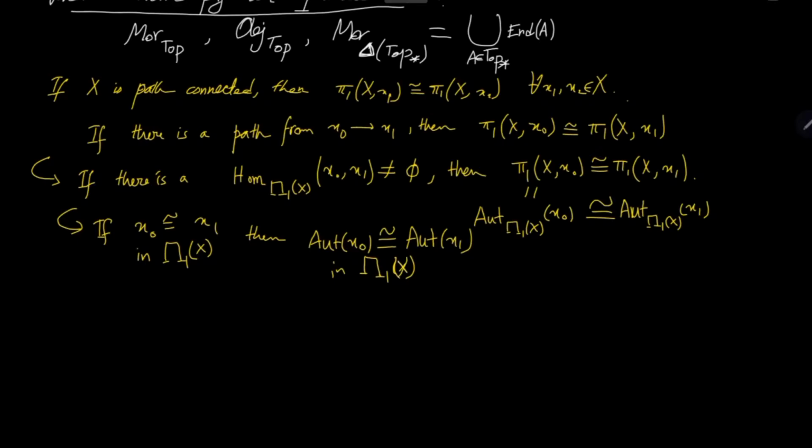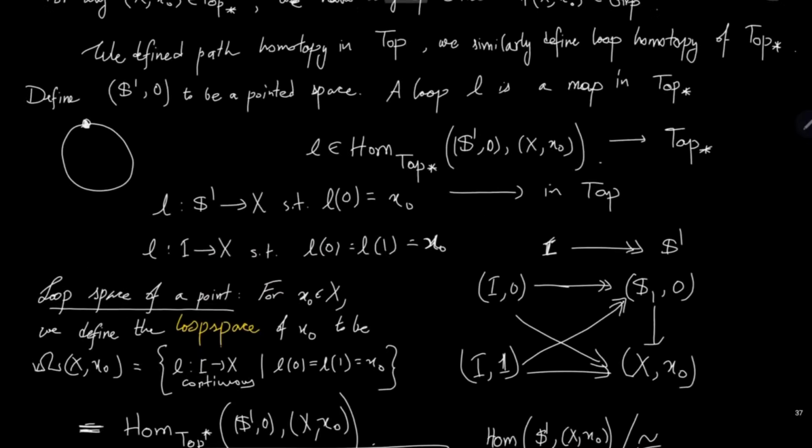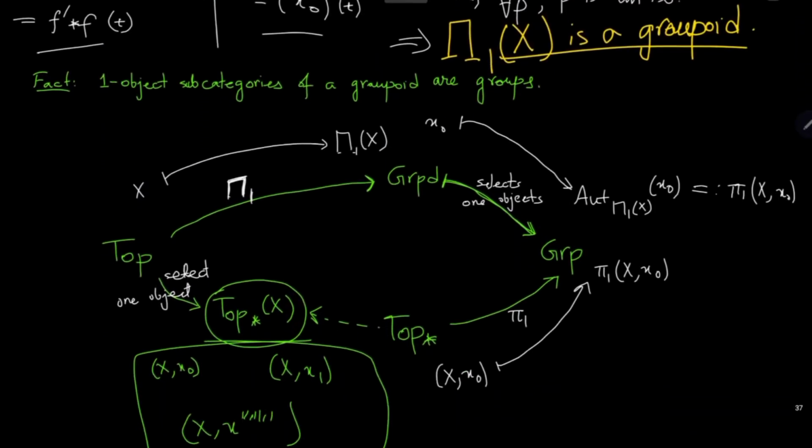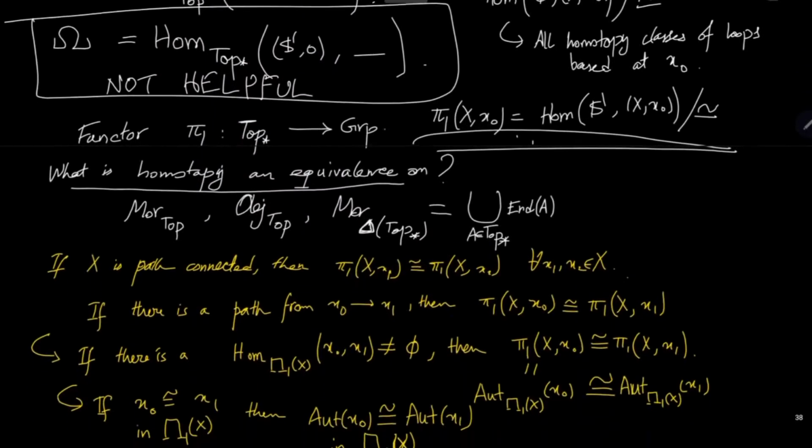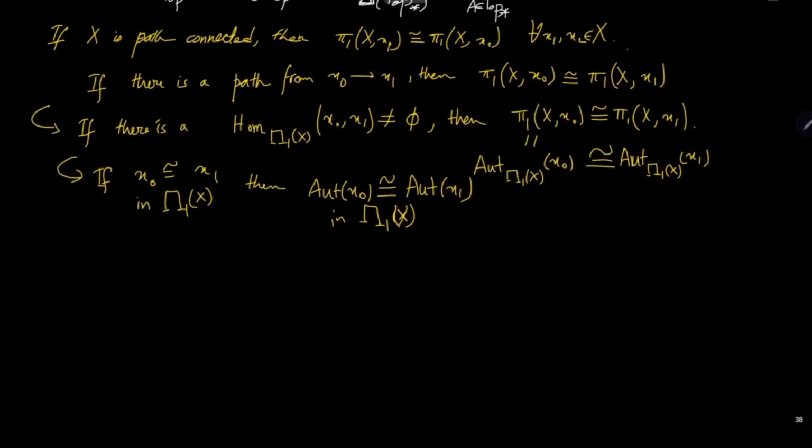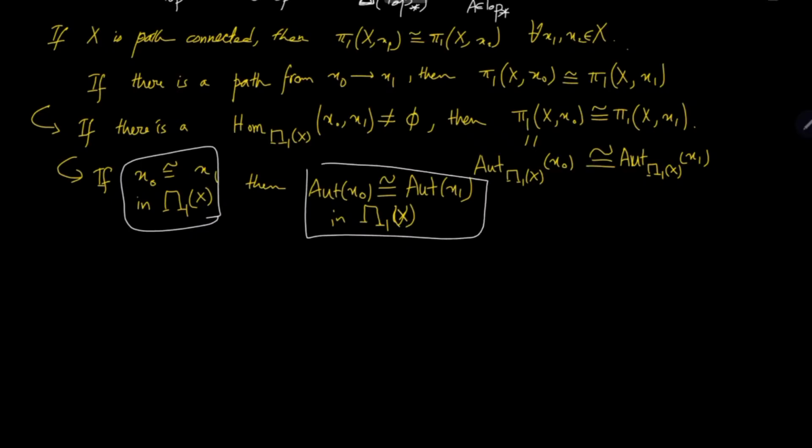So if you take this groupoid path, select one object and consider the automorphism, then this is an entirely trivial fact. In fact, there is a functor, right? This thing which sends x0 to pi 1 of (X, x0) from this fundamental groupoid pi 1 of X to Grp.